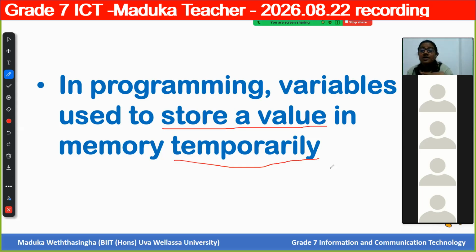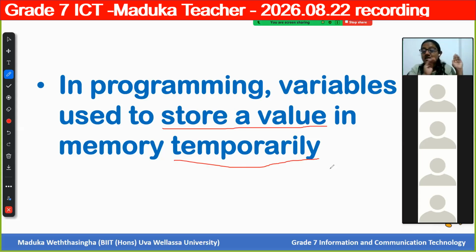The next time, x equal 20. The next time, x equal 35. It changes time to time. It means it's a temporary value. Right? In programming, variables are used to store a value in a memory temporarily.